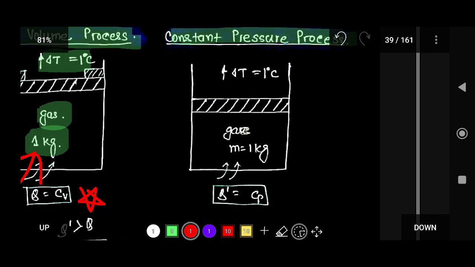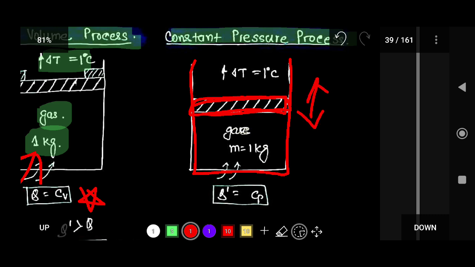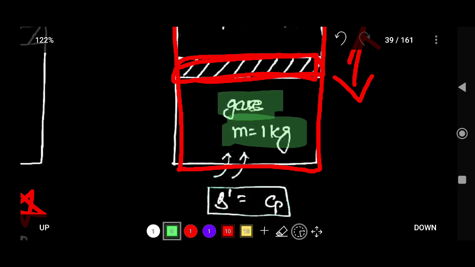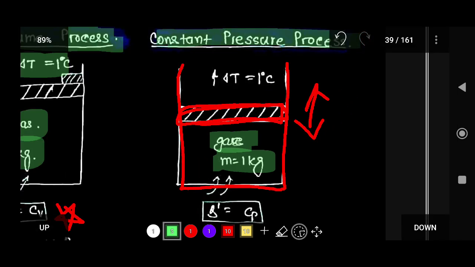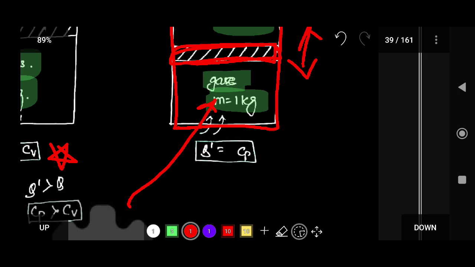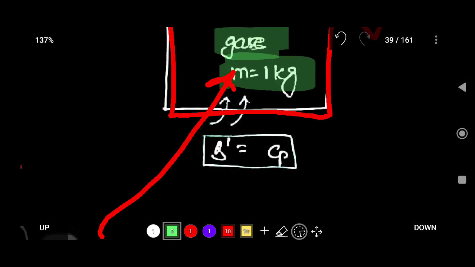Now consider a constant pressure process. This is our system, and here there is a piston that can freely go upward or downward. In this system there is gas, and the mass of the gas is 1 kg. If you want to increase the temperature of this gas by 1 degree Celsius, you must supply heat from this side. Suppose this is Q dash.